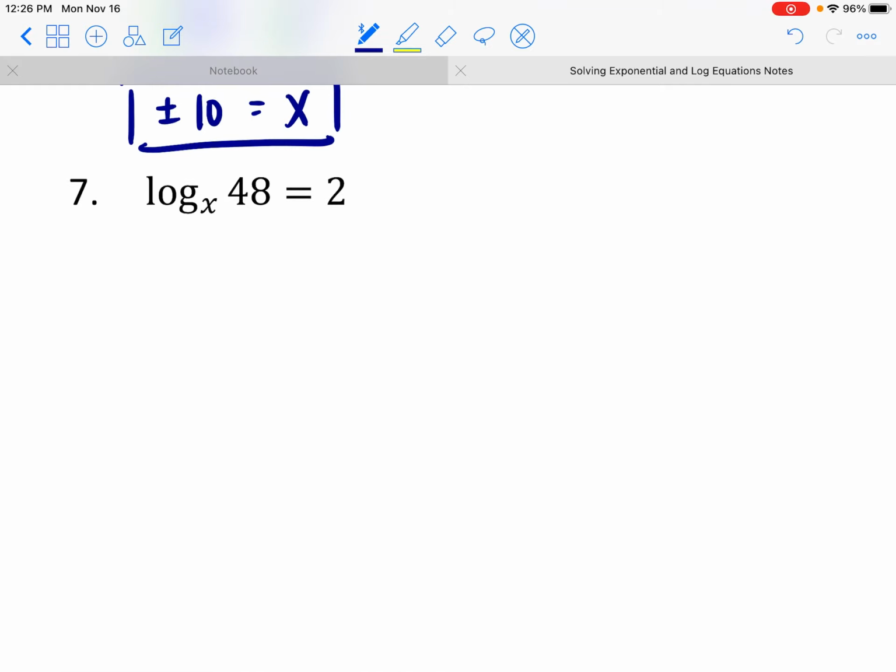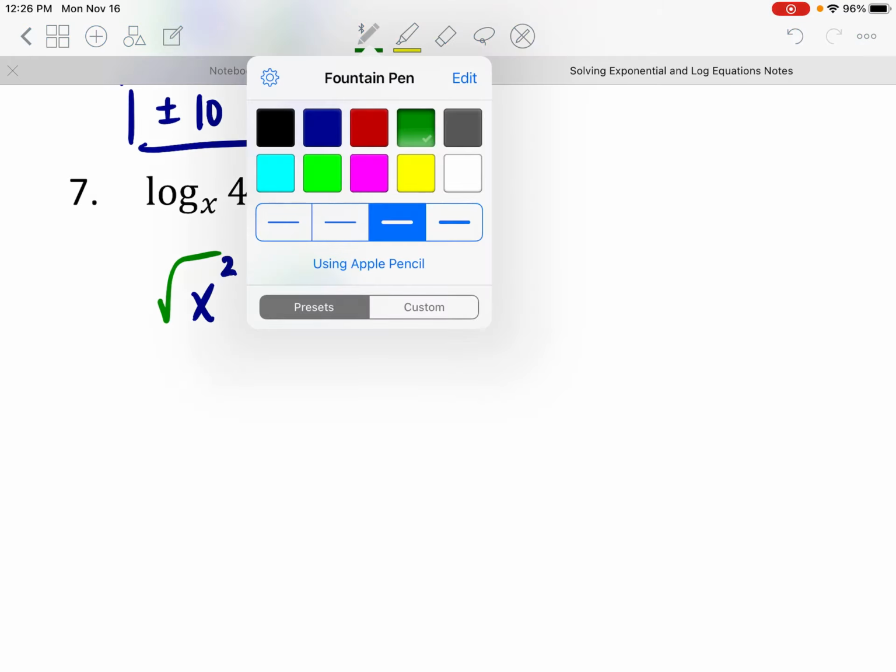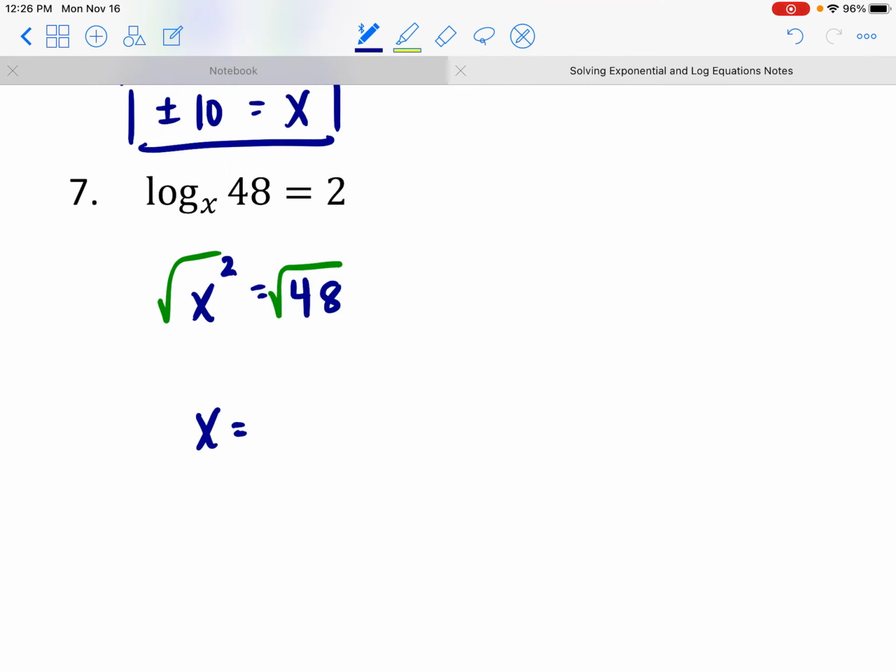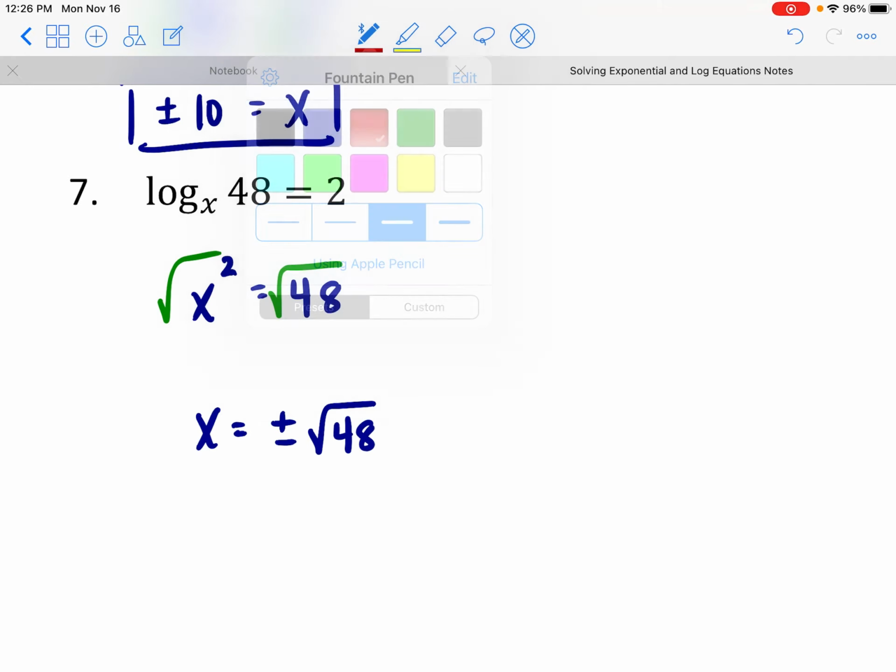All right, how about this guy? This one, if we rewrite, we would have x squared equal to 48. And how do we solve this? We know we take the square root of both sides, and so x is going to equal technically plus or minus the square root of 48. Now the square root of 48 can be simplified.